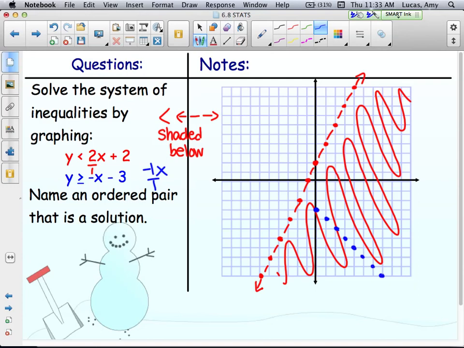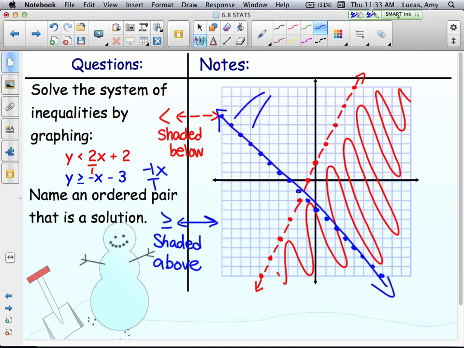Again, I'm covering the entire coordinate plane, because I really like to see where my lines intersect. And this symbol is a greater than or equal to, so that's going to be a solid line and shaded above because it's greater than my line. So solid, and then shaded above that line.